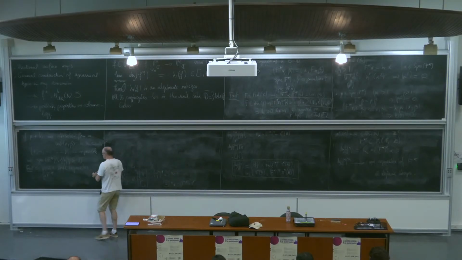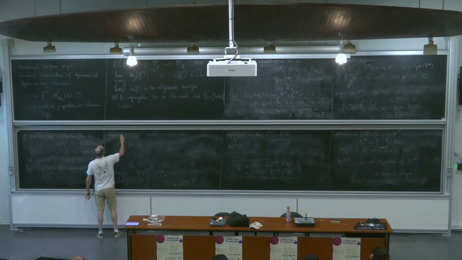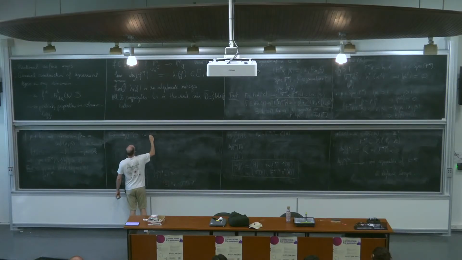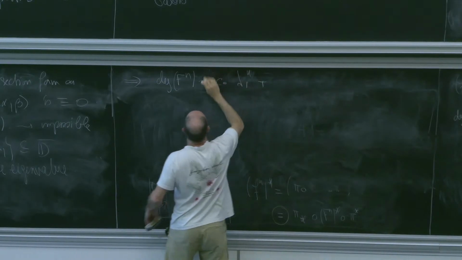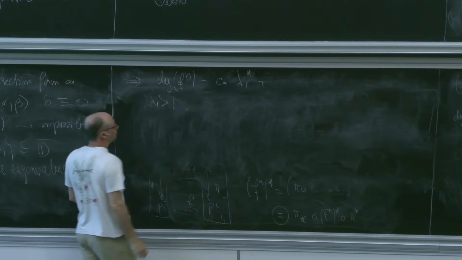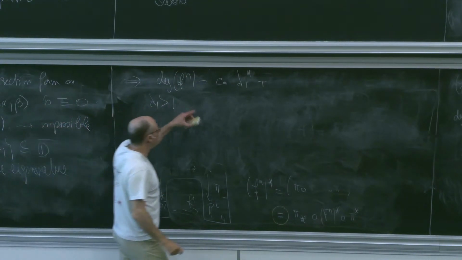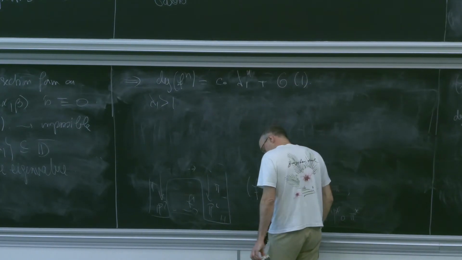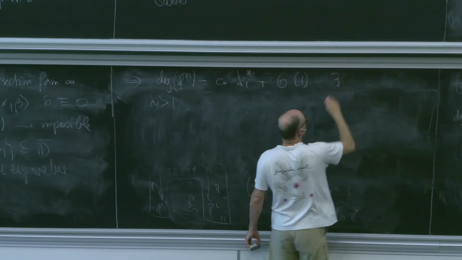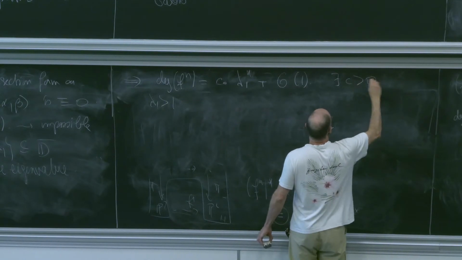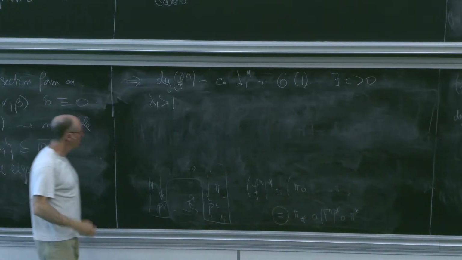So if you use this, then the growth of the degrees, at least if lambda 1 is at least 1, is lambda 1 to the n plus big O of 1. And here I'm a bit tired, I'm going to say a lot of stupid things, so let me put some positive constants, but maybe the constant is 1, I don't remember.